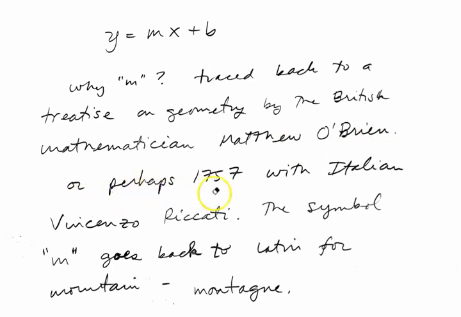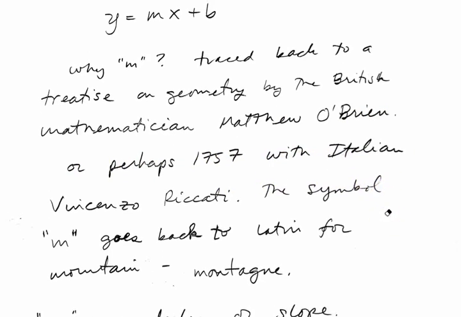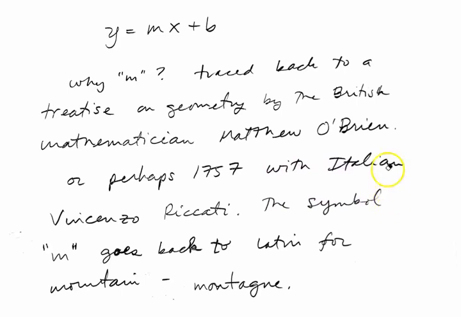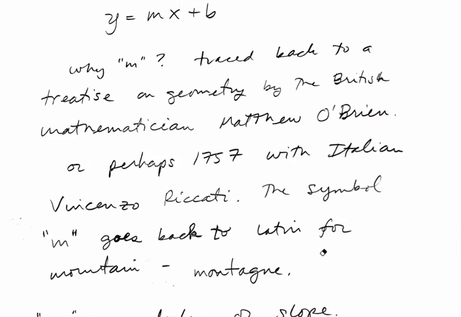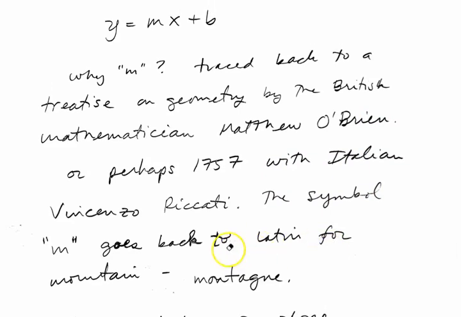Or somebody else had claimed that it was all the way back in 1757 with an Italian mathematician. And so they were using the symbol m, and one way could go back all the way to the Latin for mountain.